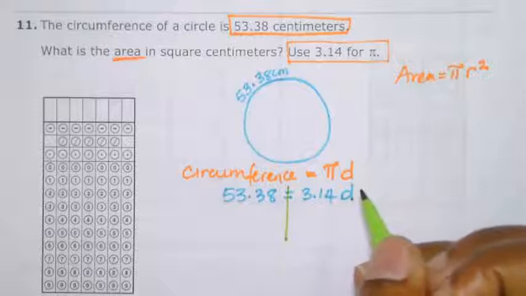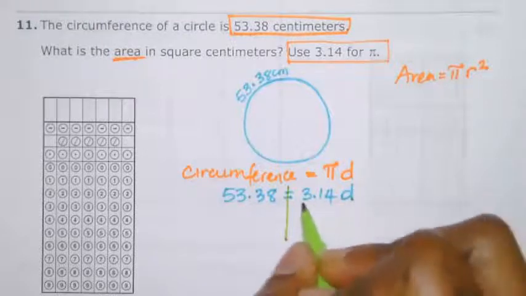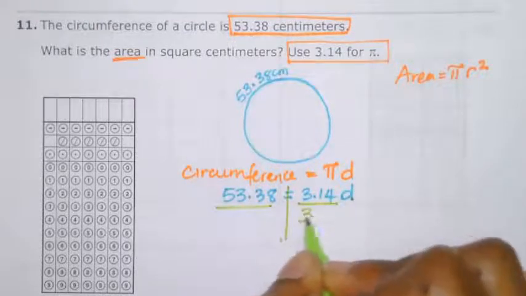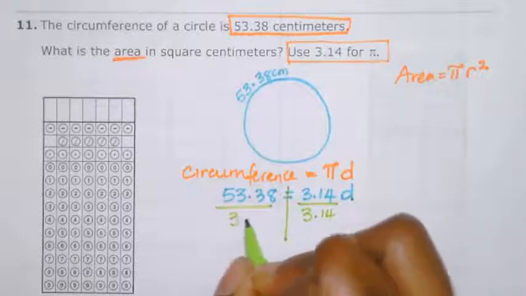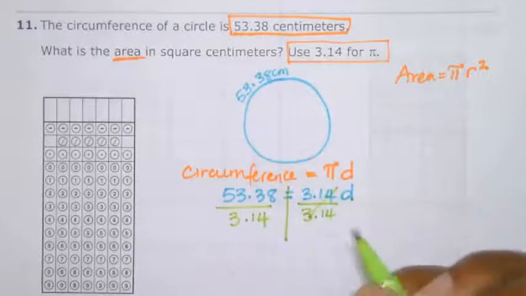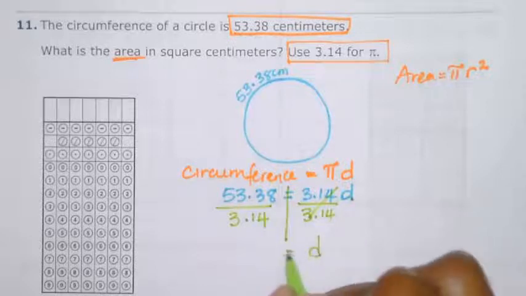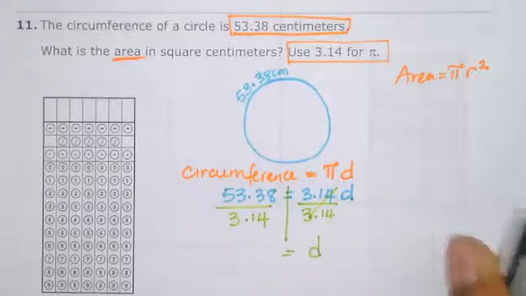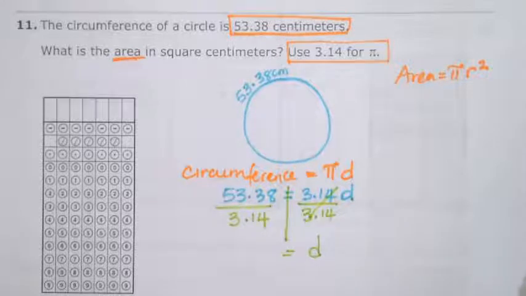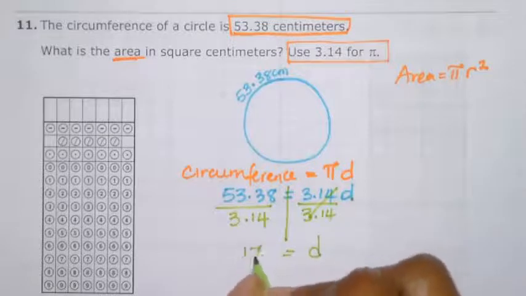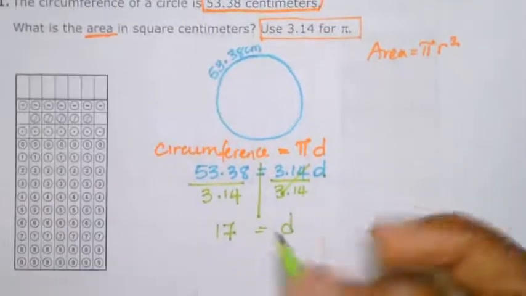So we're dividing both sides by 3.14. So therefore I have d equal to 53.38 divided by 3.14, which gives us 17. So the diameter is actually 17 centimeters.